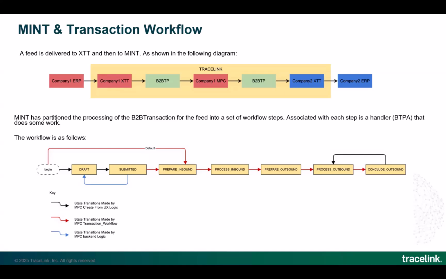As the name suggests, this is where all the processing is happening for the inbound transaction. And then when processing has happened, the canonical is consumed by the Mint application. Mint can understand it and create an object or a transaction in Mint. And then the outbound stage starts. So you will have prepare outbound, process outbound, and conclude outbound.